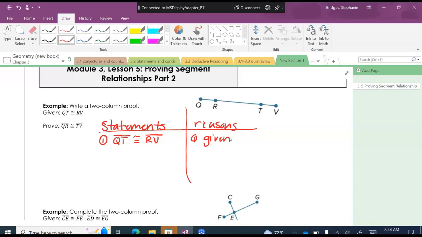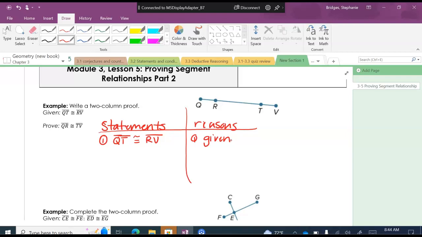So if I give you two congruent segments, the only other thing you could say is that they were equal to each other. However, I don't have any values to say that they're equal, so I don't even need to do that. Well, technically we do, because I forgot what we have to do.